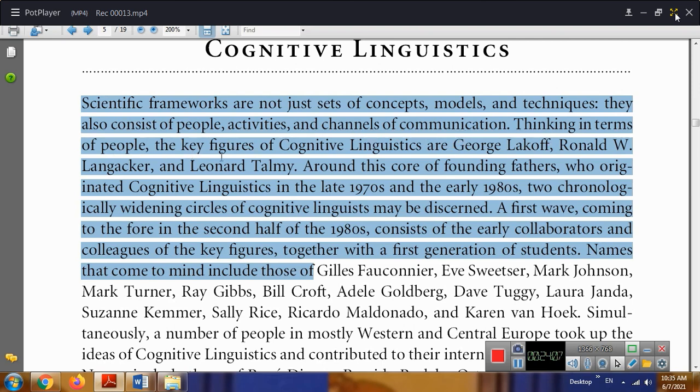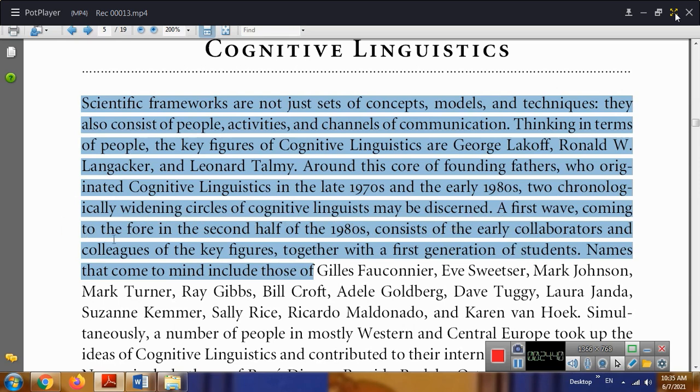Thinking in terms of people, the key figures of cognitive linguistics are George Lakoff, Ronald Langacker, Leonard Talmy. Around this core of founding fathers who originated cognitive linguistics in the late 1970s and the early 1980s, two chronologically widening circles of cognitive linguists may be discerned.